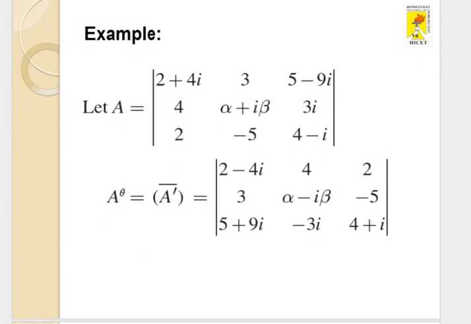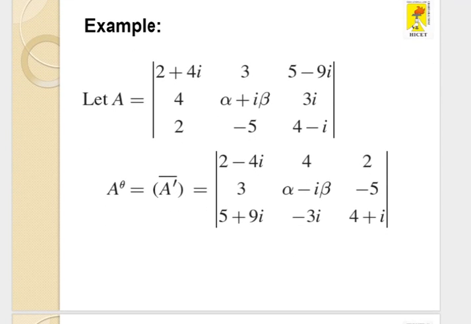For example, let A equal to 2 plus 4i, 3, 5 minus 9i, 4, alpha plus i beta, 3i, 2, minus 5, 4 minus i. In this, A^θ is nothing but the conjugate transpose or transpose of a conjugate. Both are the same, and it is denoted by A^θ. It is given by 2 plus 4i becoming 2 minus 4i, then transpose.